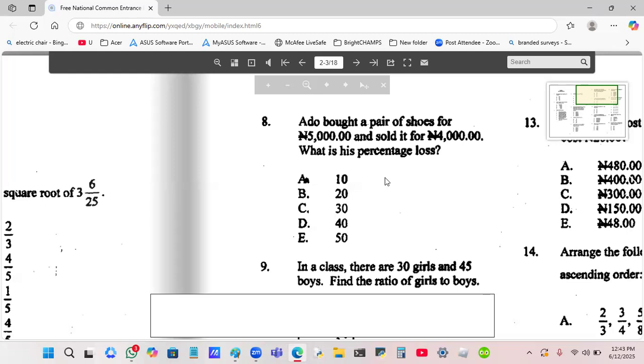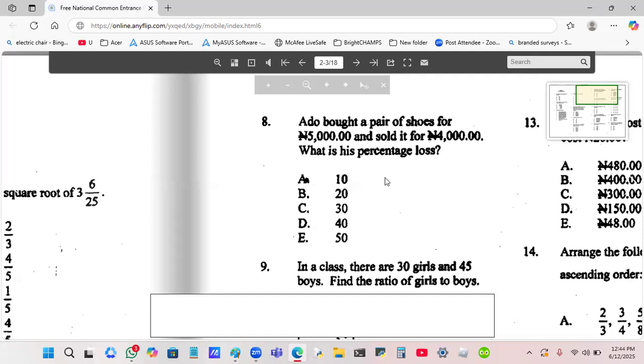Selling price equals 4,000 naira. So loss is cost price minus selling price. Loss is 5,000 minus 4,000, which is 1,000.